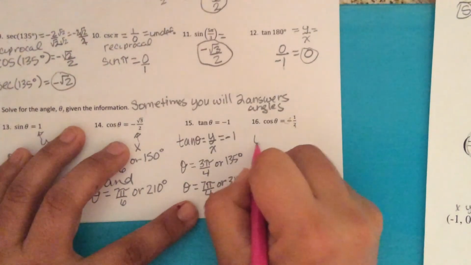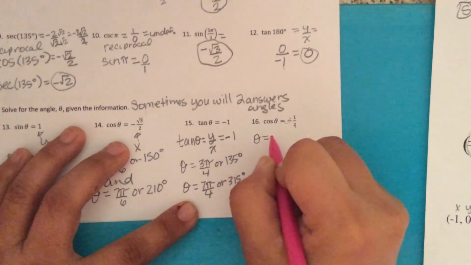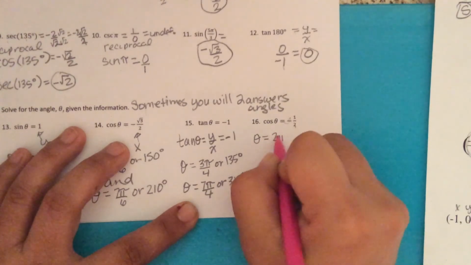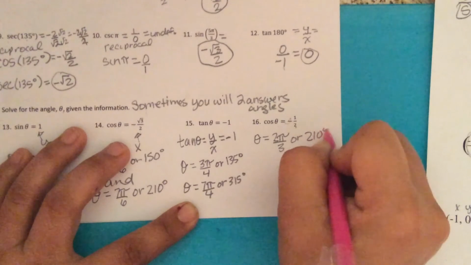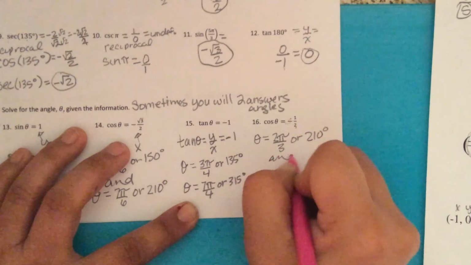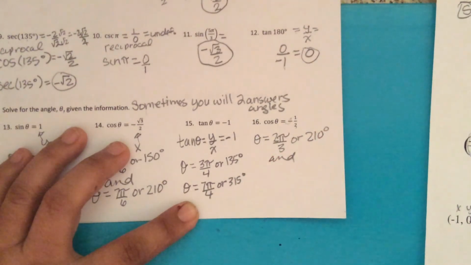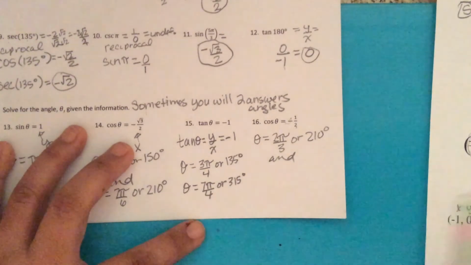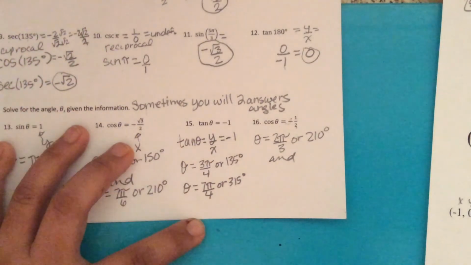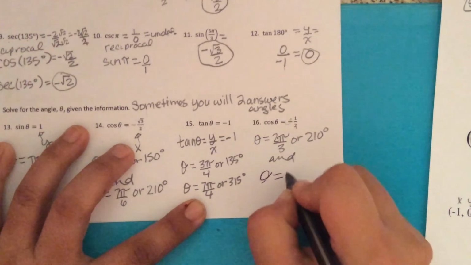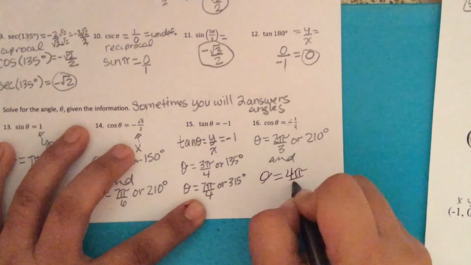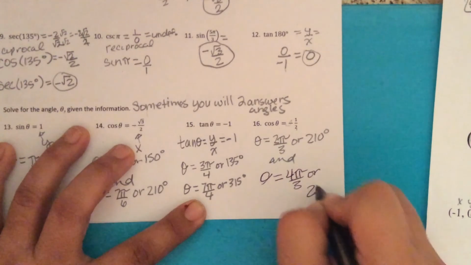So theta is going to be 2 pi over 3, or 120 degrees, and theta is 4 pi over 3, or 240.